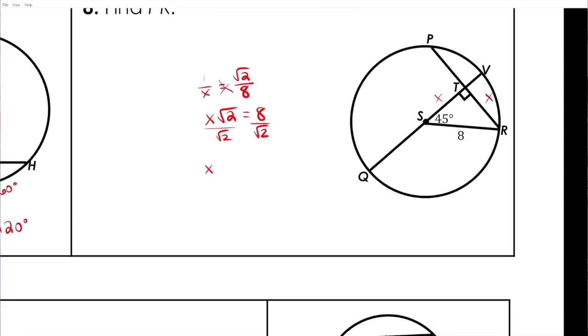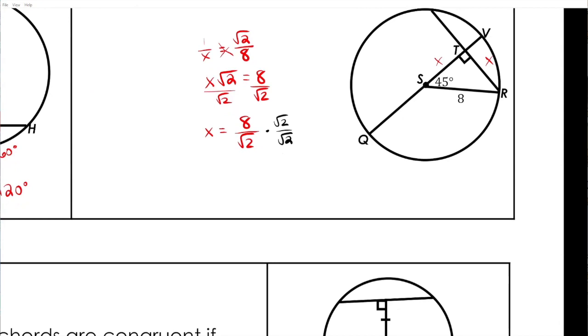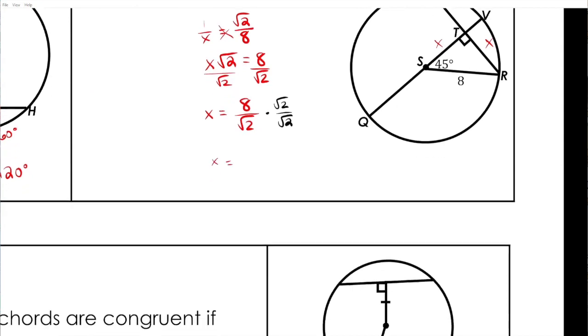What is wrong with this statement? 8 over √2. You cannot have a radical in the denominator, so we have to multiply the top and the bottom by the square root of 2, which is called rationalizing. So we get X equals 8√2 over 2.